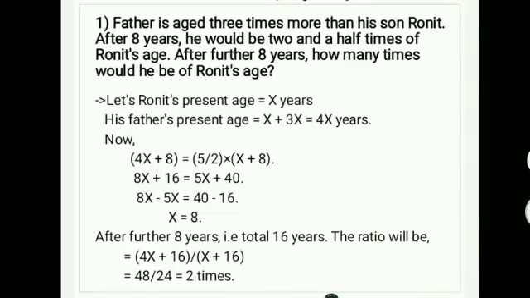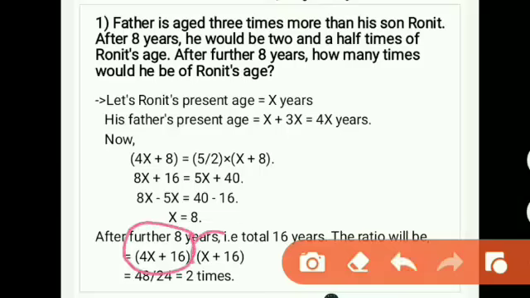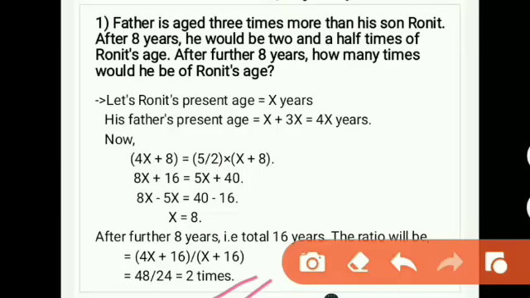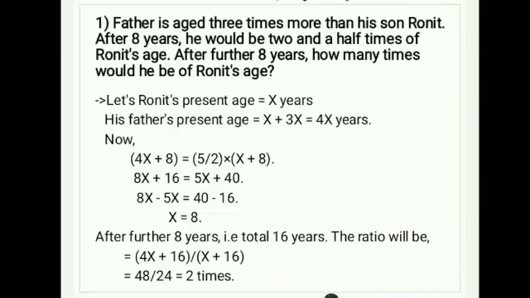By dividing these two terms, we get 2 as the output. So the father would be 2 times Ronit's age after a total of 16 years.